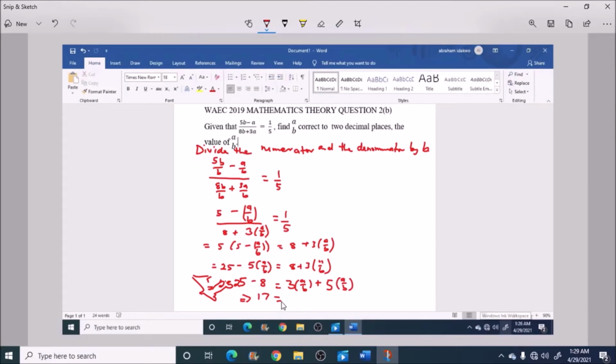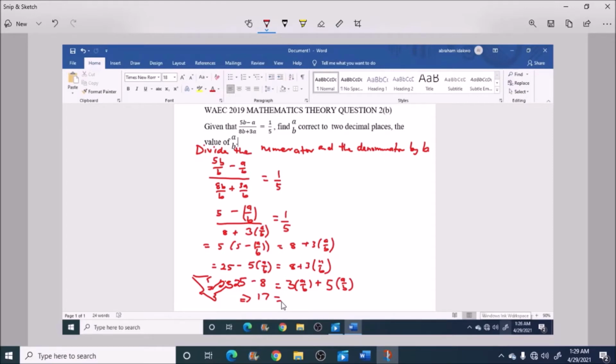Now making a over b the subject of the formula, we get a over b is equal to 17 over 8, and that will give us 2 whole number 1 over 8, or approximately 2.125.